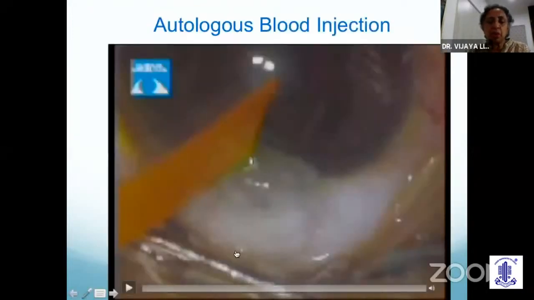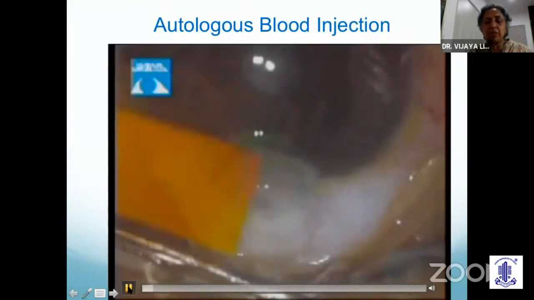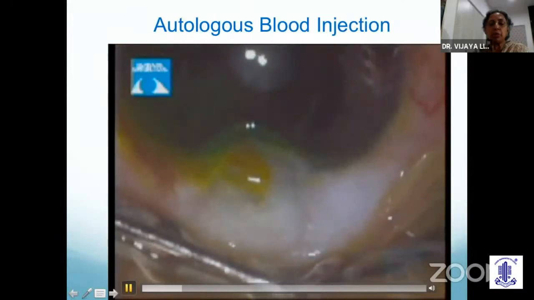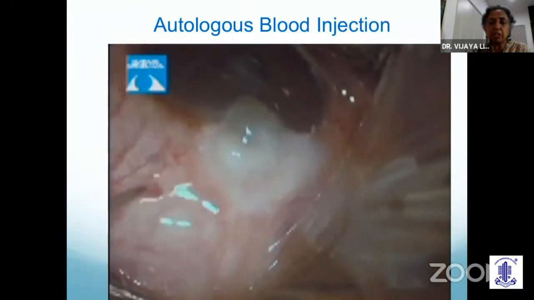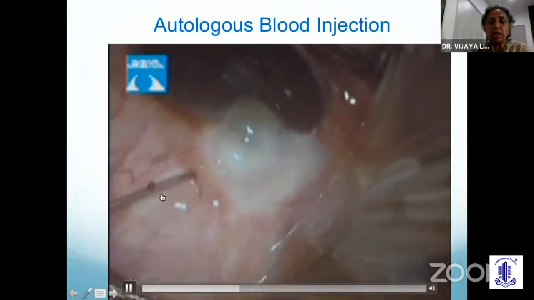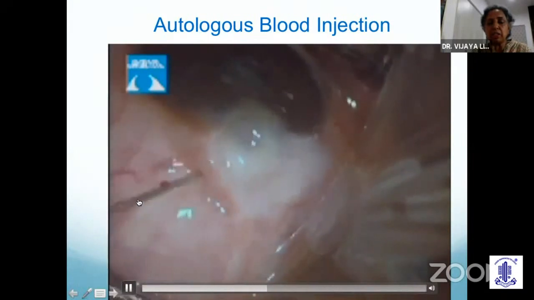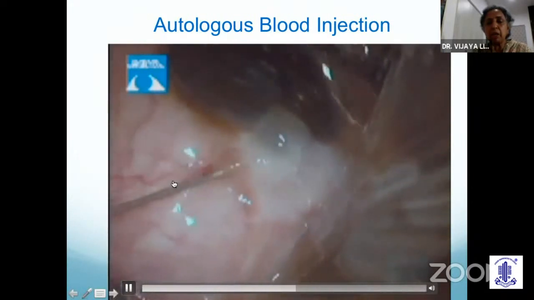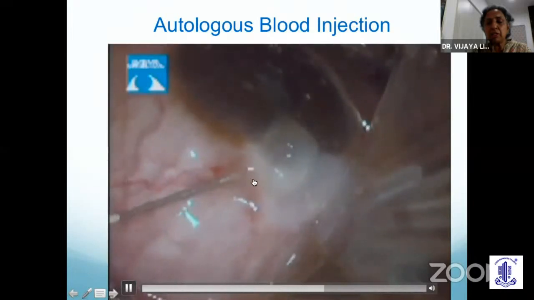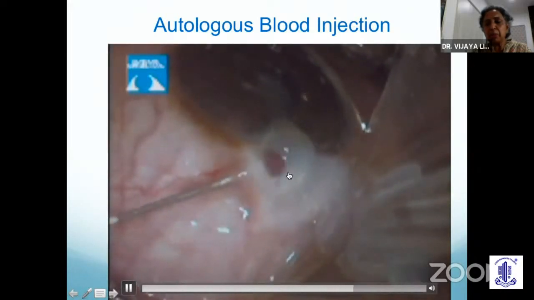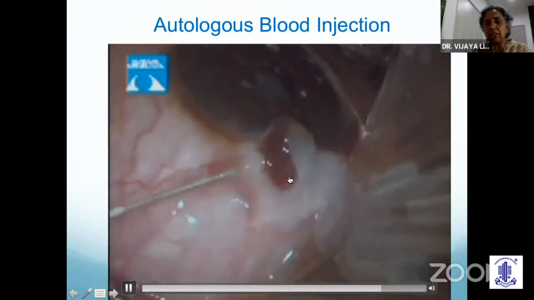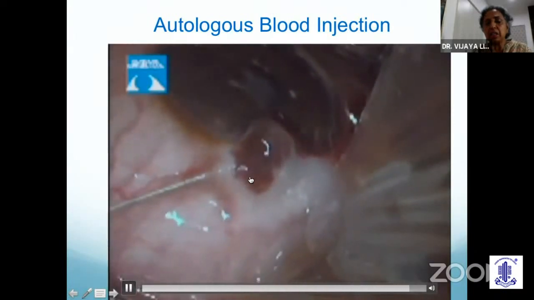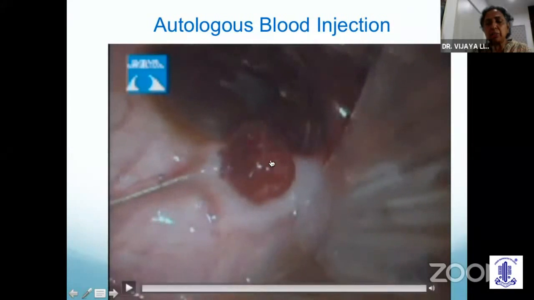So it is a small video where I'm using for a localized leak an autologous blood injection. After cleaning the antecubital fossa with a swab and syringe, patient's blood will be withdrawn, and using a 27 gauge or 30 gauge needle away from the bleb, the needle will be inserted into the center of the bleb where the likely leak is, and then inject the blood, and this blood will block the leak and can result in closure of the leak.